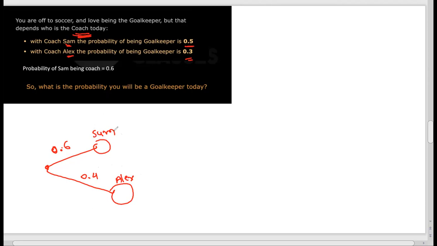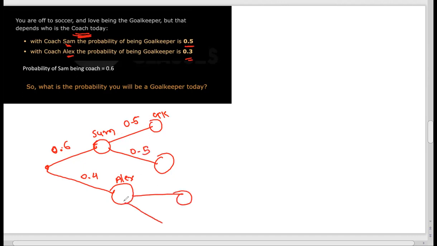Okay, now we are going further. With coach Sam, if Sam is the coach, then the probability of being a goalkeeper is 0.5. So what's the probability of not being a goalkeeper under the same coach? 1 minus 0.5, which is 0.5.